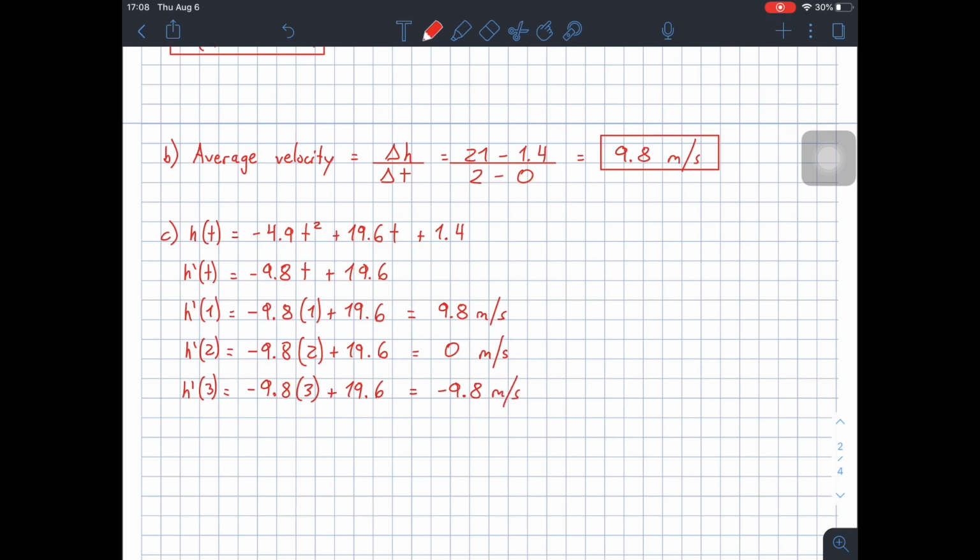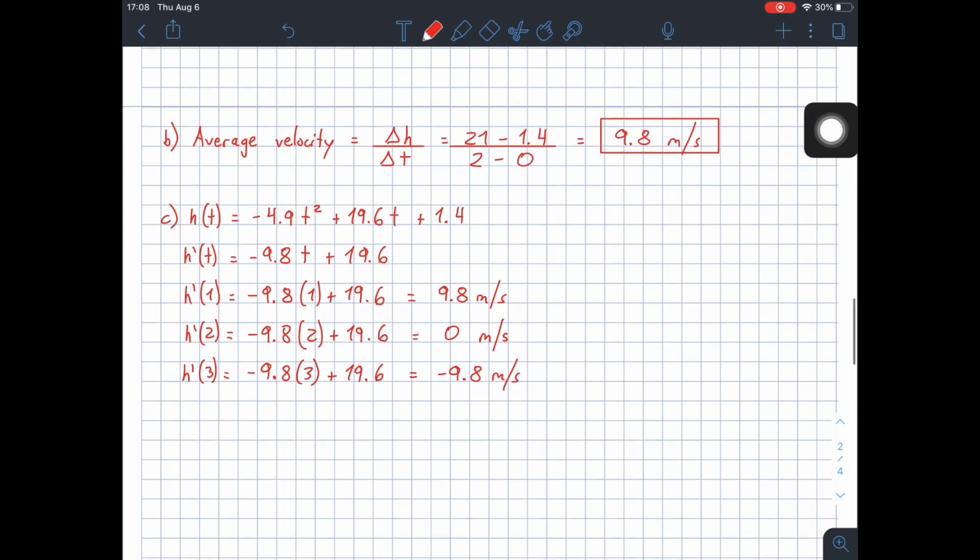Okay, so this is the most important part for this class. What do these three different values mean, right? If we found the derivative of the height function with respect to time, the derivative is the instantaneous velocity. So I'm going to write this here. Instantaneous velocity, right?